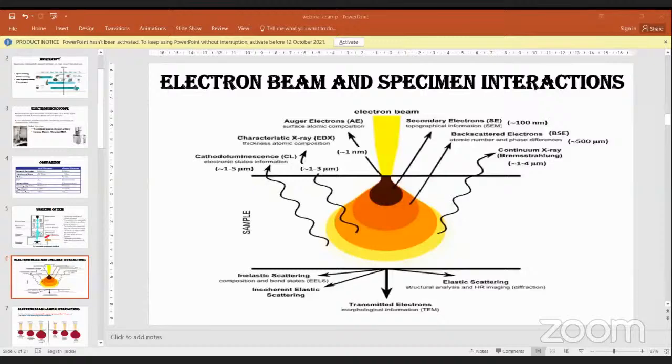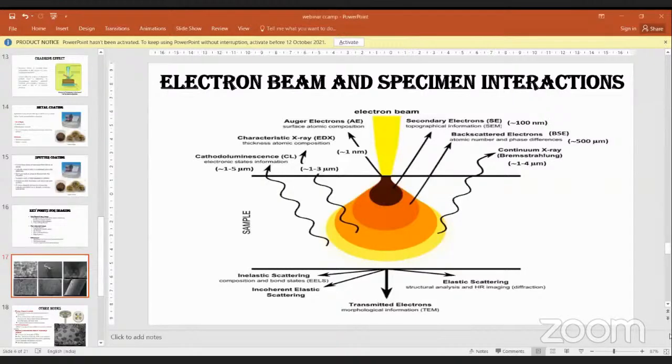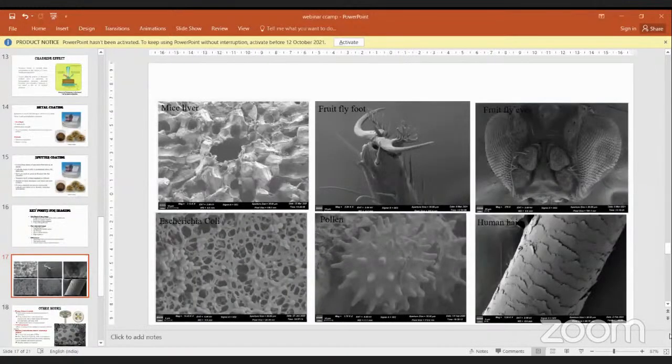So these are the fruit fly eyes, and this is some filter they have prepared.